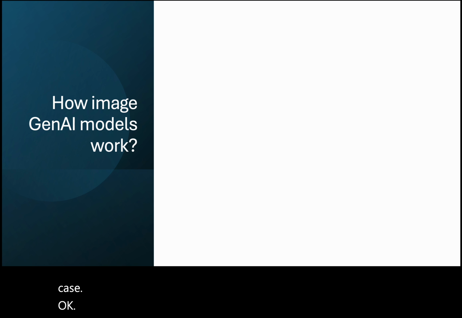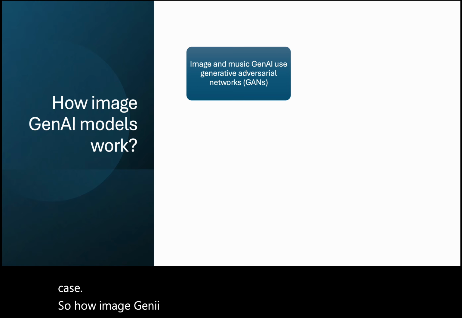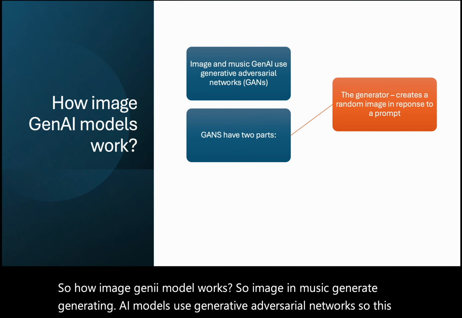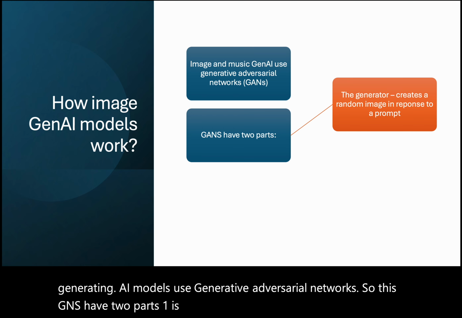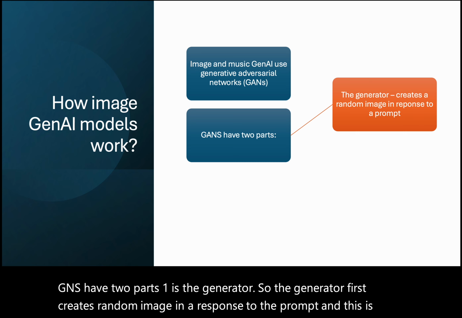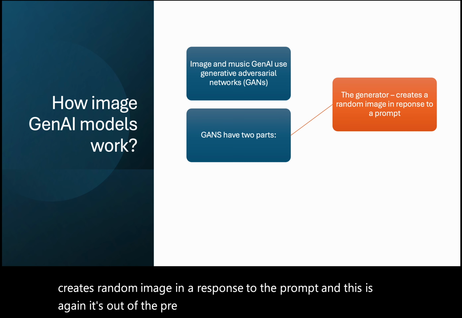So how does an image GenAI model work? Image and music generating AI models use generative adversarial networks. These GANs have two parts. One is the generator. The generator first creates a random image in response to the prompt, and this is again out of the pre-trained data.